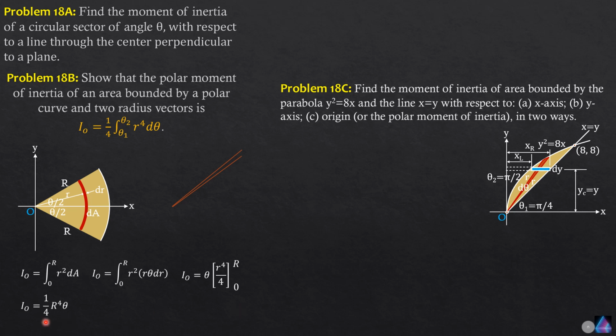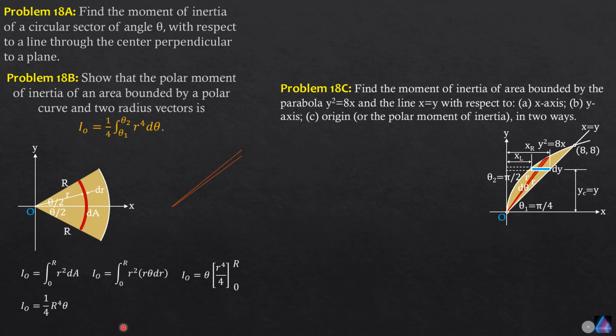So remember this: the moment of inertia of a sector with respect to an axis perpendicular to its plane and through the center of the sector or circular region is equal to 1/4 R to the fourth times central angle, which is theta.